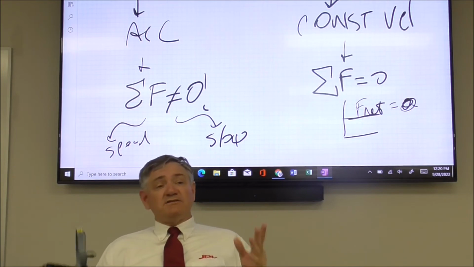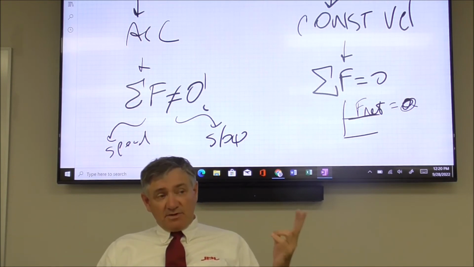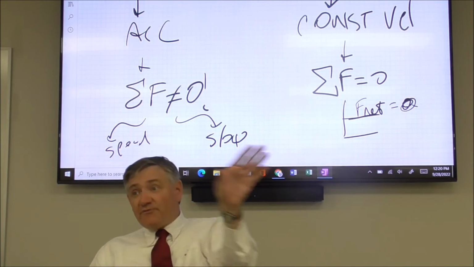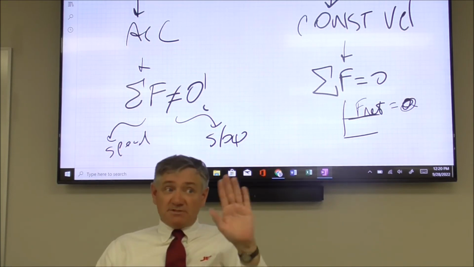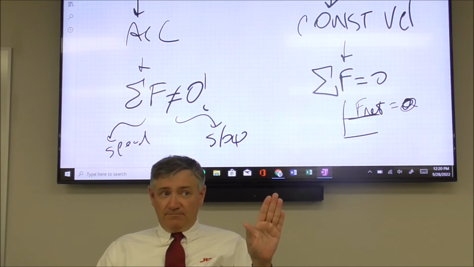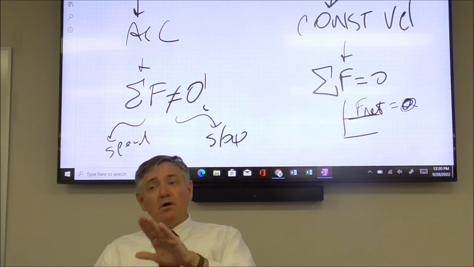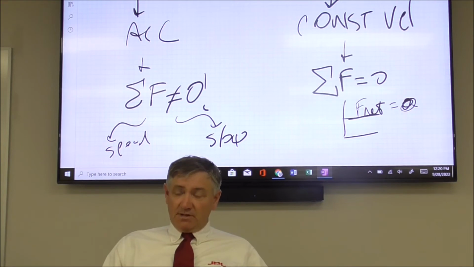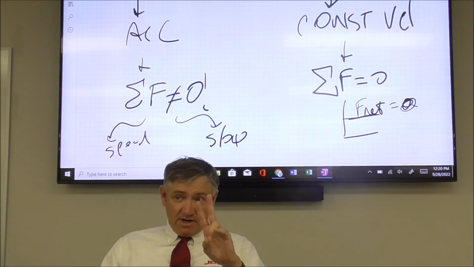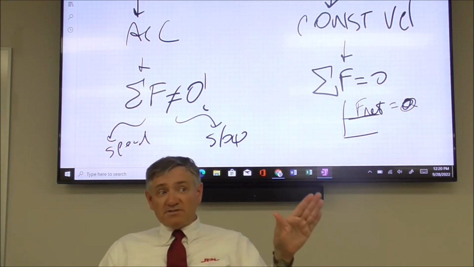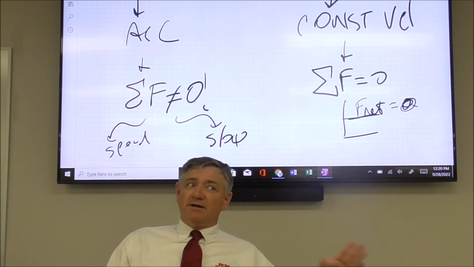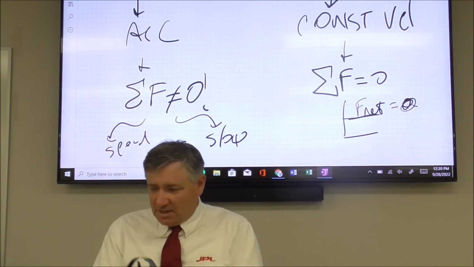So there's two ways that you can have something traveling at a constant velocity. Either there are absolutely no forces acting on it, zero, zip, none, no forces whatsoever, or there are forces acting on it, but they add up to zero. Okay? Those are the only two ways that you can have constant velocity. Either no forces, or all the forces add up to zero. Okay? Got that idea? Okay, so stop that camera for a second.